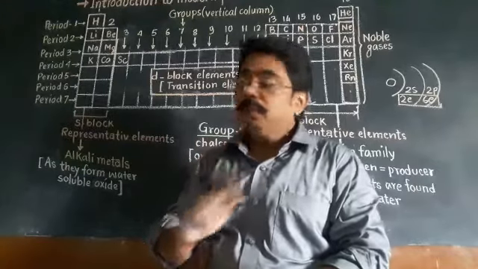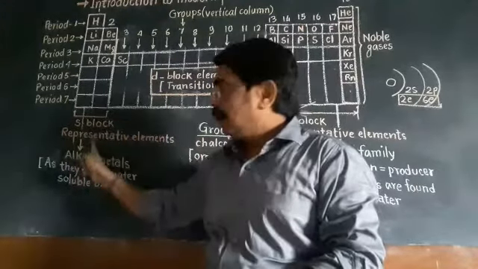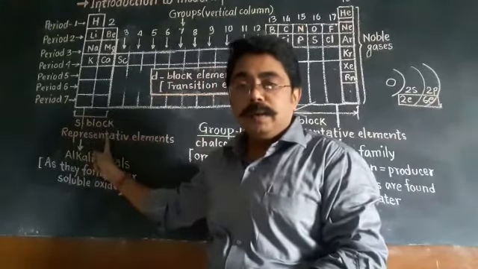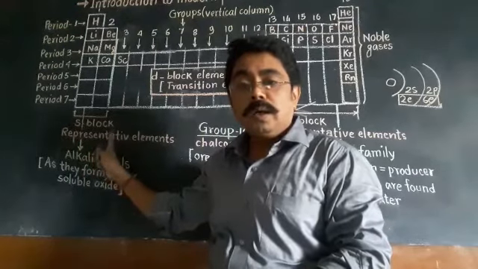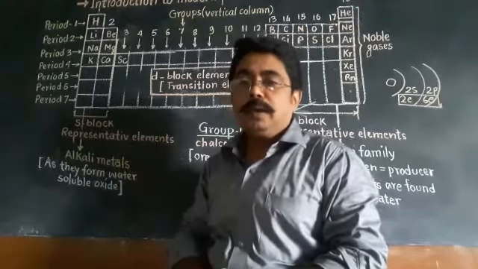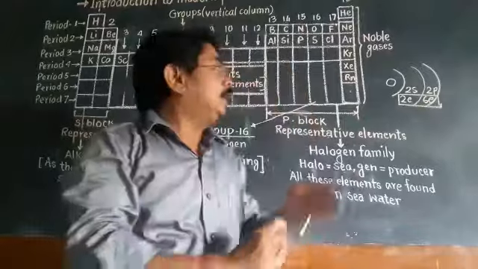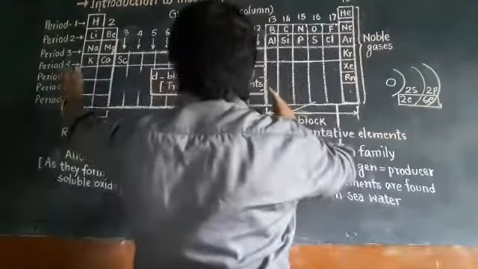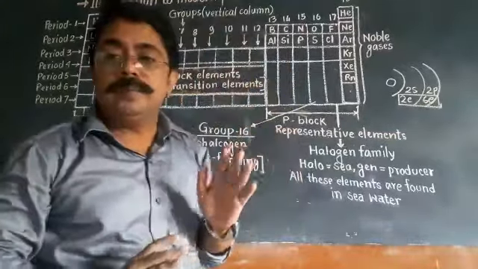Clear? S block elements are also known as representative elements. These are also sometimes called representative elements. So on the extreme left, S block is there.